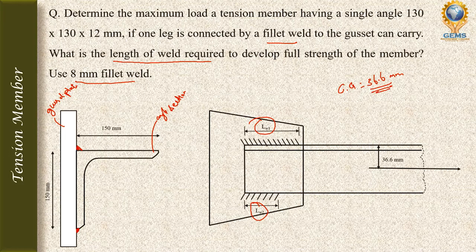Where can I get this from? Steel table. So the center of gravity lies at 36.6 mm. In this we have to find the length of the weld required.